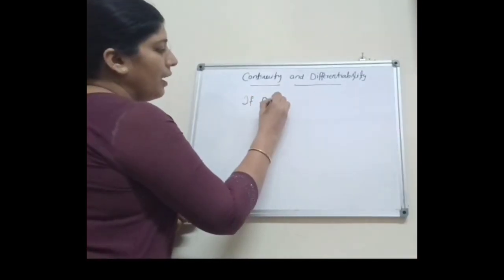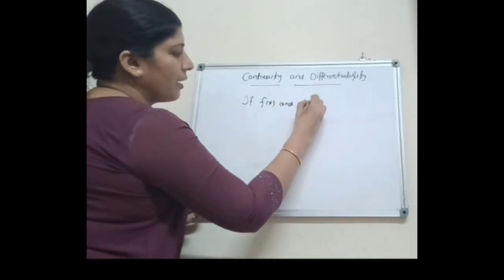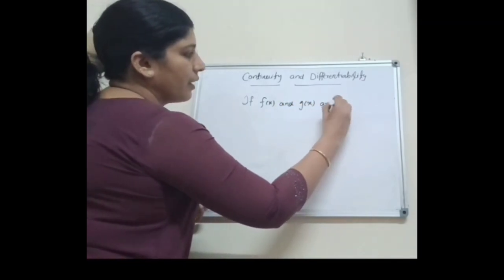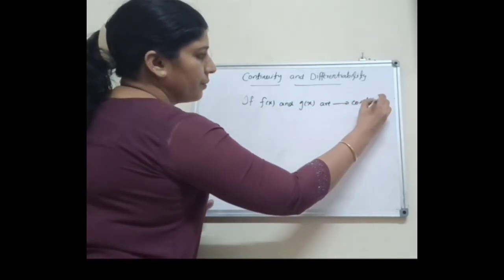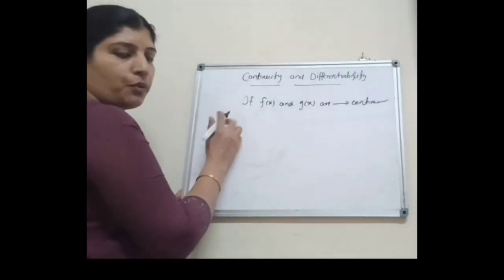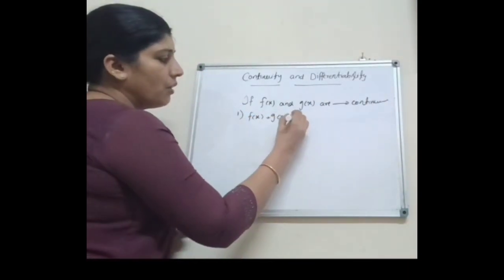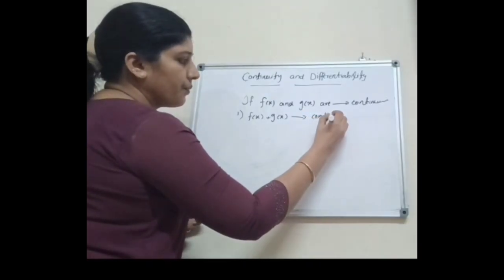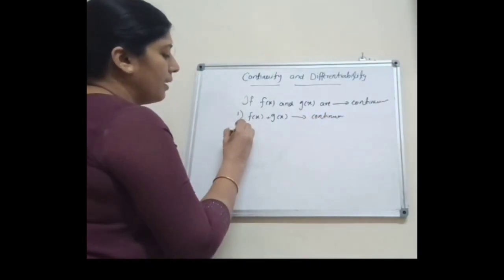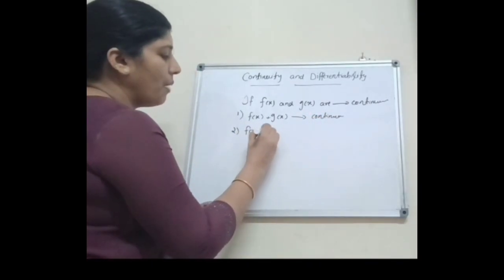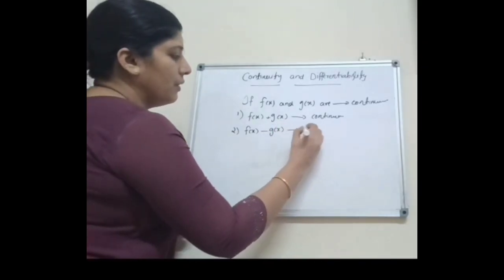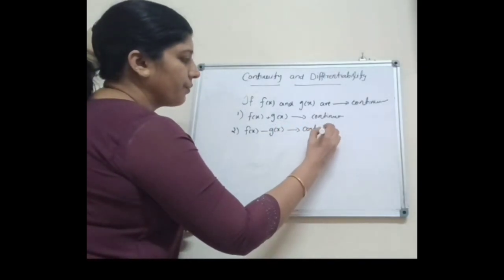If f of x and g of x are continuous, first property, f of x plus g of x is always continuous. Second property, f of x minus g of x is always continuous.